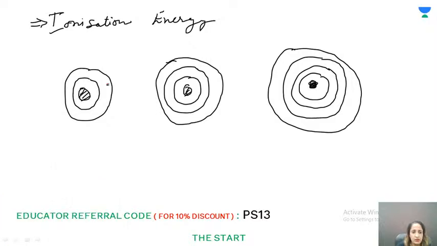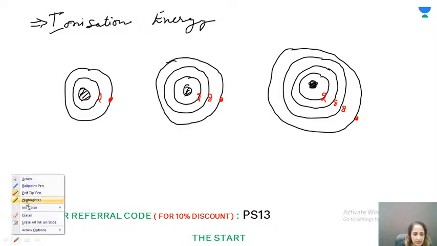So it will have 2 electrons and there is 1 electron. Here we have 2 electrons, 8 electrons and 1 electron. Here we have 2, 8, 8 and 1 electron. So always remember guys, this nucleus attracts, this nucleus, let me highlight it.